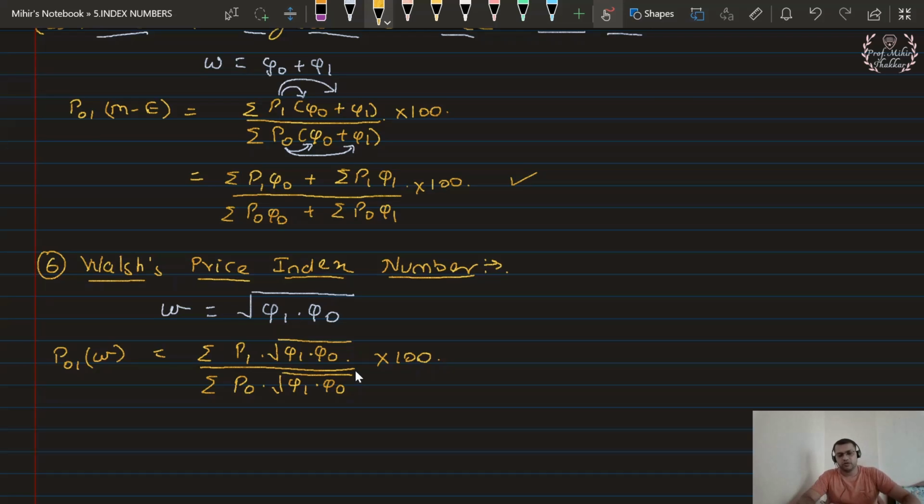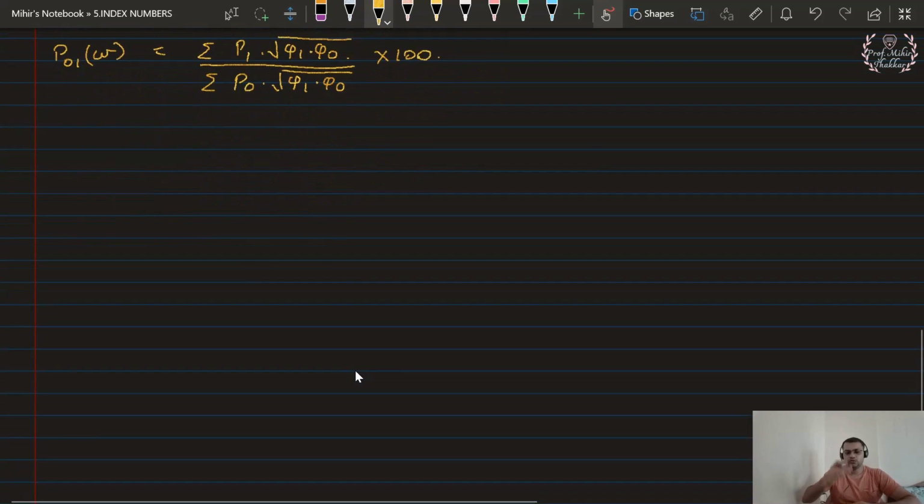Now let us take a small example and understand how to apply these different index numbers.